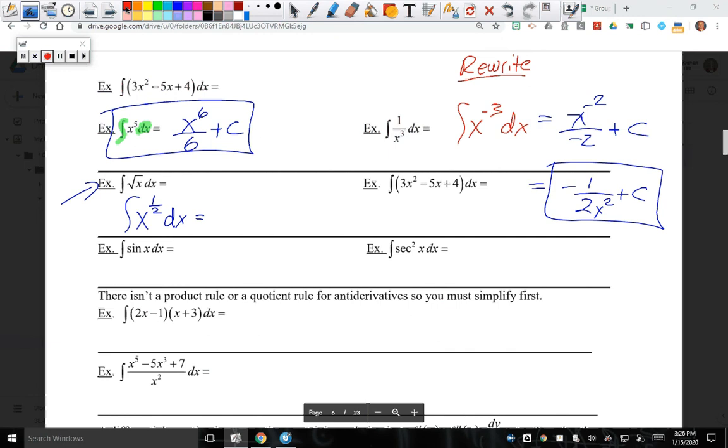Here we go. When I add 1 to fractions, you need to gravitate to what is that denominator. Because when you add 1, you need to add 2 over 2. So this will become x to the 3 halves, over 3/2, or times 2/3.